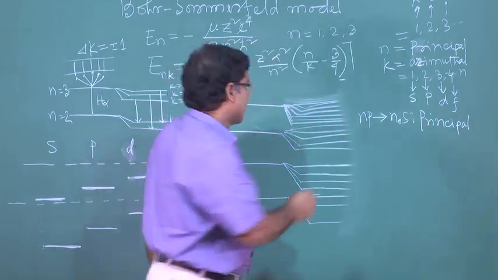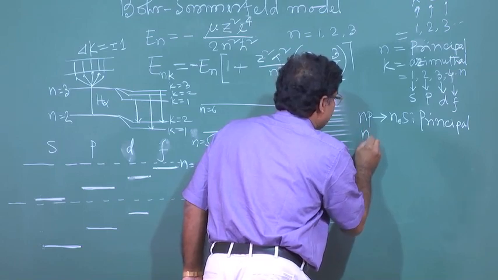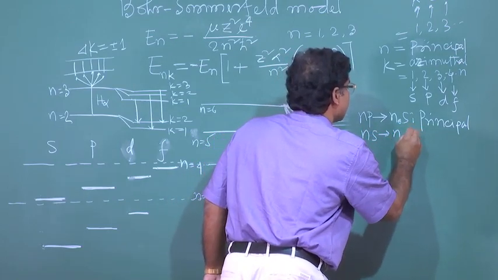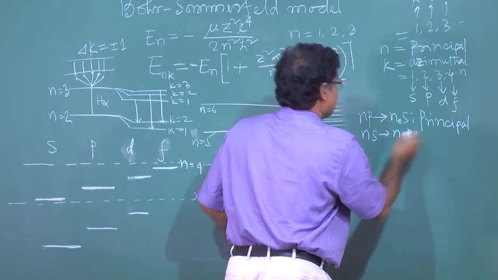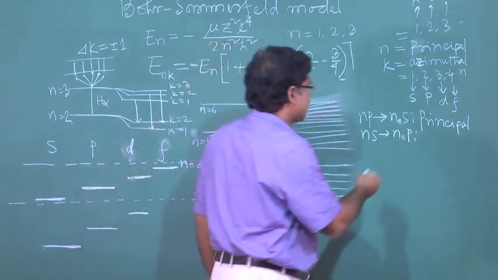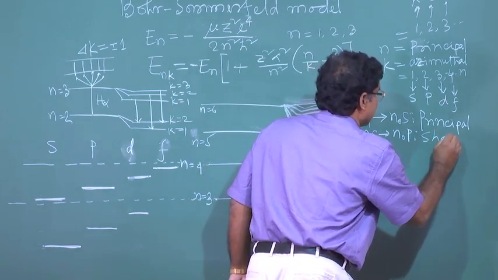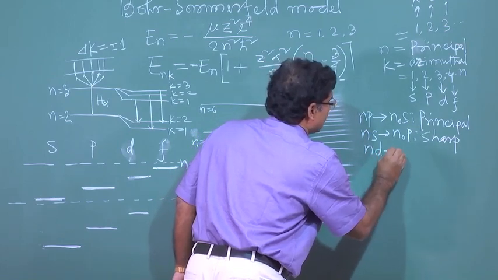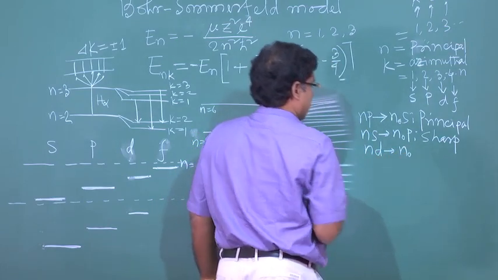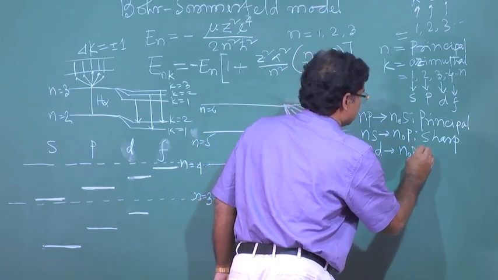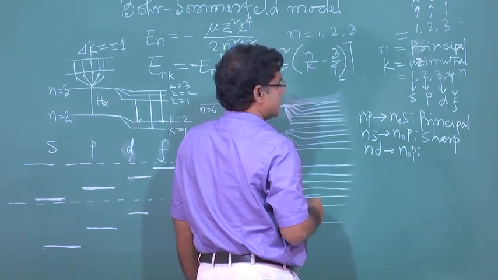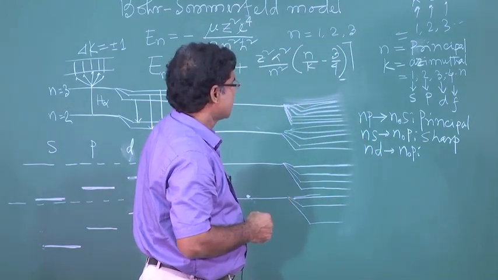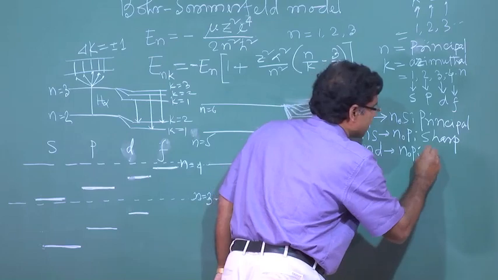Then N0s to N0p gives the series called the sharp series, and then Nd to N0p gives the diffuse series.